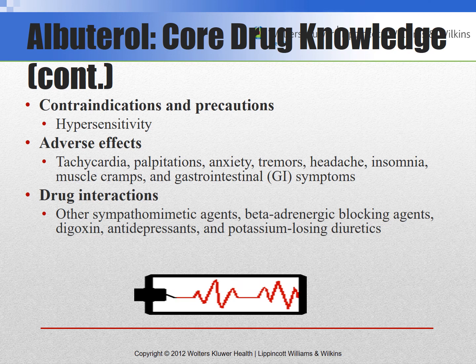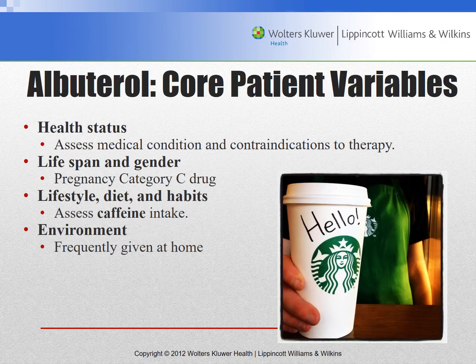If you don't have a very selective beta blocker, you could actually block some of the receptor sites for beta 2 receptors as well. Also, digoxin, antidepressants, and some potassium losing diuretics. The biggest thing that I care about there is that it would be a potential interaction with beta blockers, and dosing would have to be done accordingly.